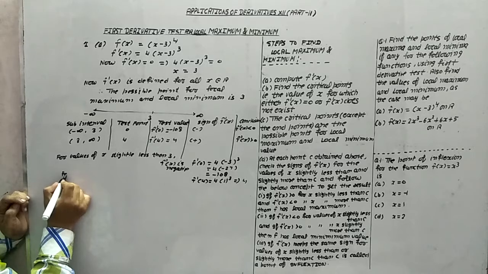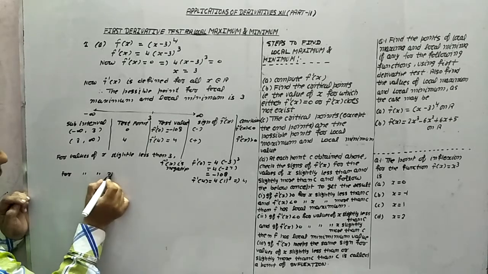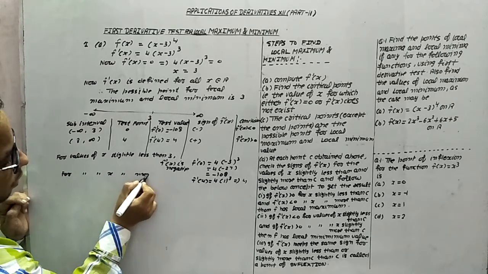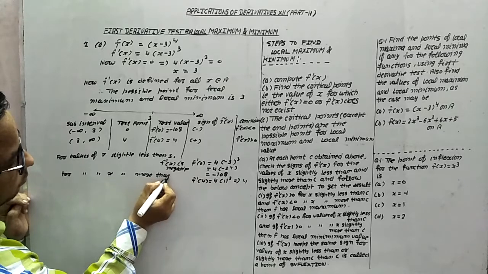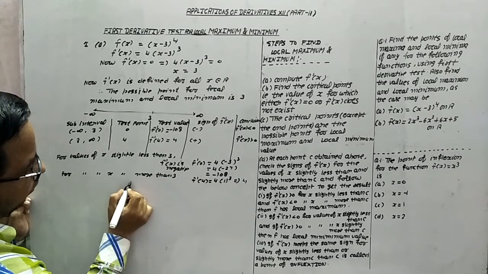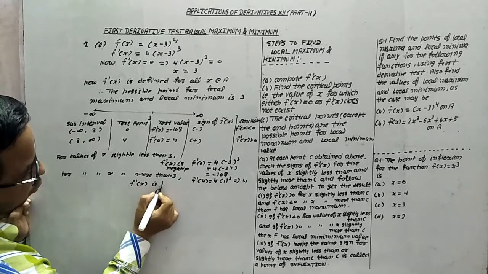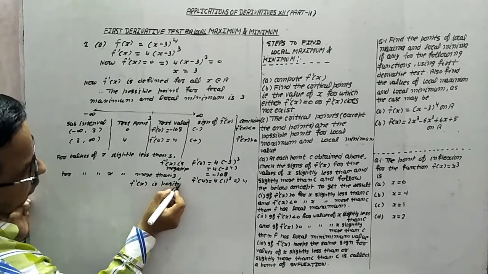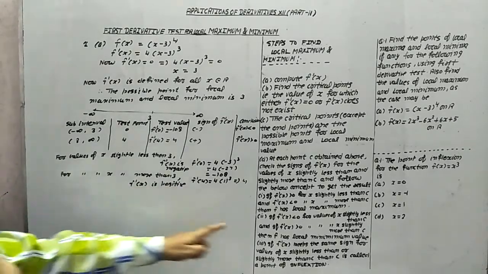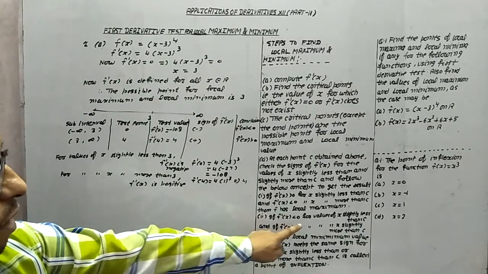And for values of x slightly more than 3, we have f dash x is positive.